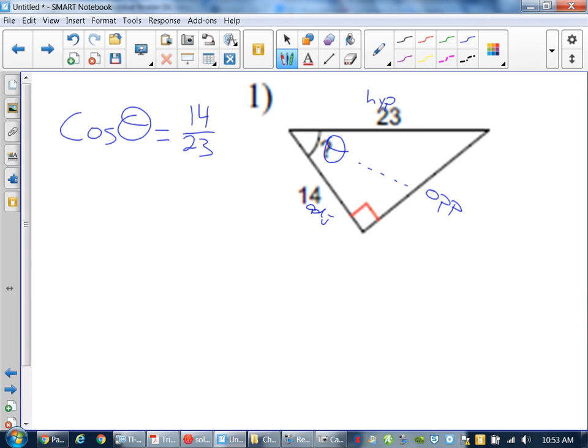This boils back to the idea that to figure out what theta is, I have to take the inverse trig. Which trig function am I using? Cosine, which means I'm going to do the inverse cosine. So my next step is theta is the cosine inverse of 14 over 23.